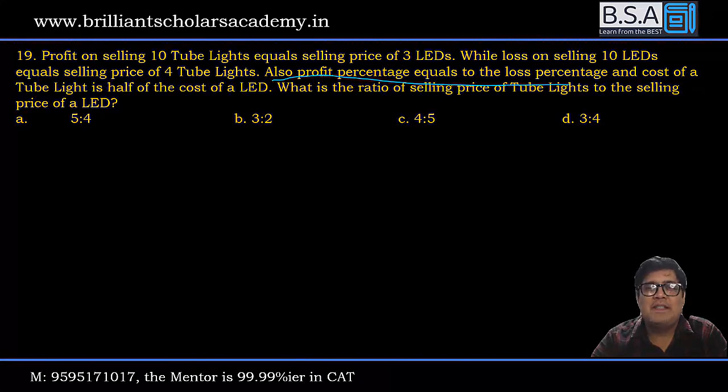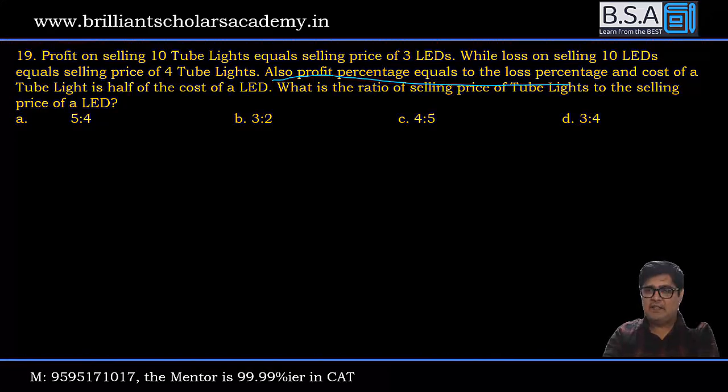Also, profit percentage equals loss percentage. Profit किस पे? Tube light पे. Loss किस पे? LED पे. The percentage is same. The cost price of tube light is half of the cost of LED. What is the selling price ratio for tube lights and LEDs?